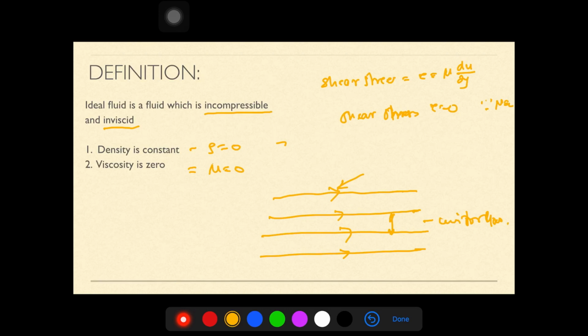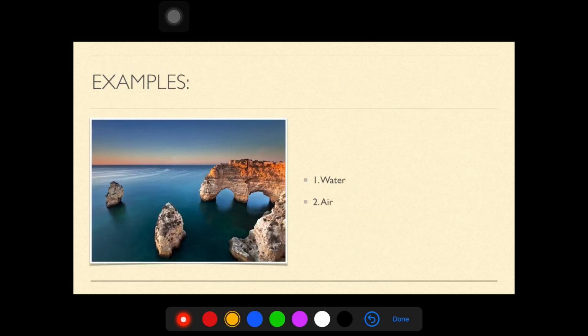So this is about the definition, and let's see the examples. In the real world, water and air can be assumed as examples of ideal fluid under certain conditions.